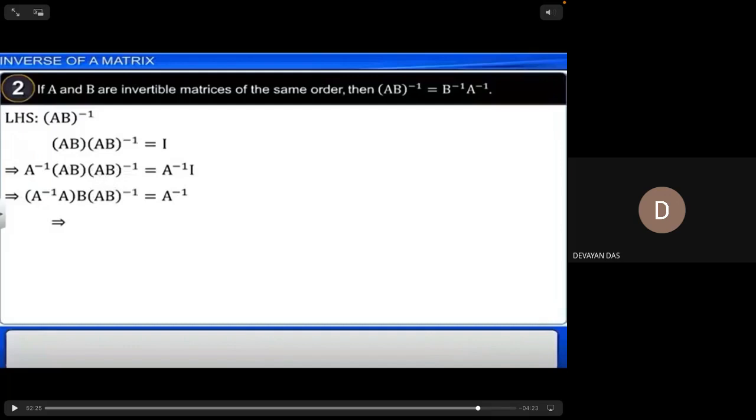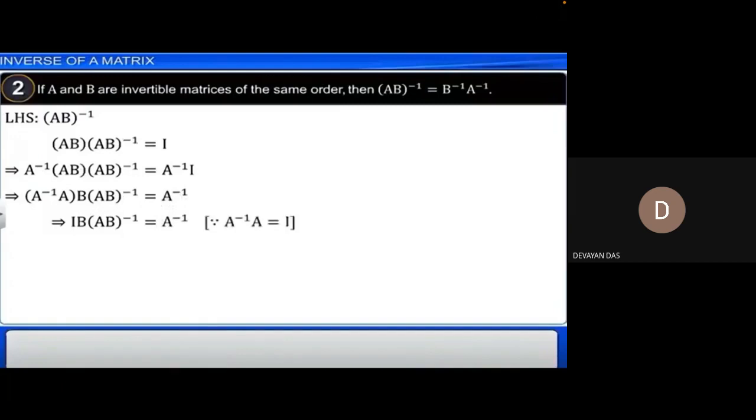Second step. First AB whole inverse is taken. Any matrix, if you take A into A inverse, will be equal to the identity matrix. You know that. So here A inverse is multiplied on both left hand side and right hand side. Then the left hand side will transform into I into B into AB whole inverse. Now we multiply B inverse on both sides.